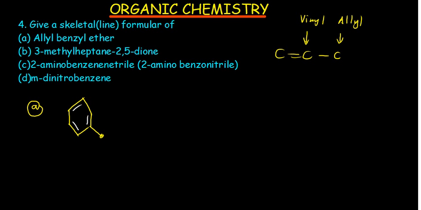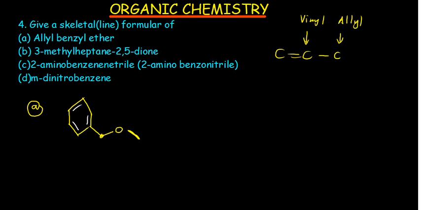Now it should be ether, so this should be attached to an oxygen. There is no carbon here. Okay, now if that happens again, we need to have another group this side, because for an ether it should always be O and then an R group, another R group that side. So again, this side it should also have a carbon that is bonded to a carbon with a double bond, because we also want to have an allyl.